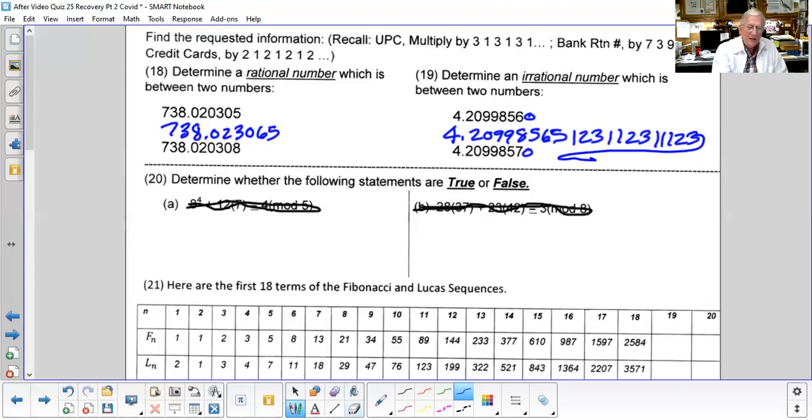I'm going to come down here and keep going. 1, 1, 1, 1, 2, 3, dot, dot, dot. That is definitely an irrational number showing a growing pattern. And that is acceptable. But that answer would be wrong if you forget to put the 3 dots after it. The 3 dots tell you that it continues in the same pattern. Don't forget the 3 dots if you elect to show your answer in that method.